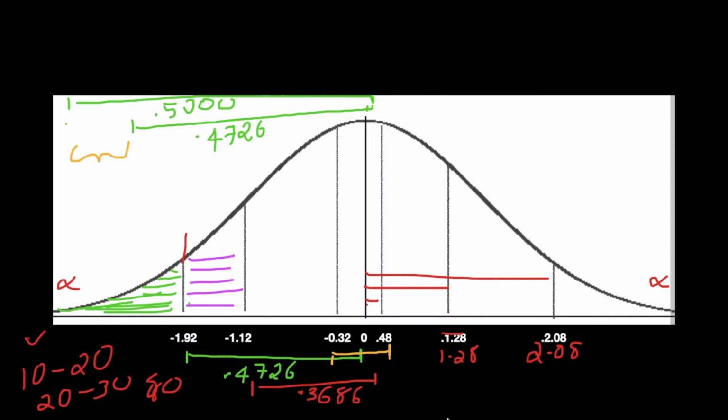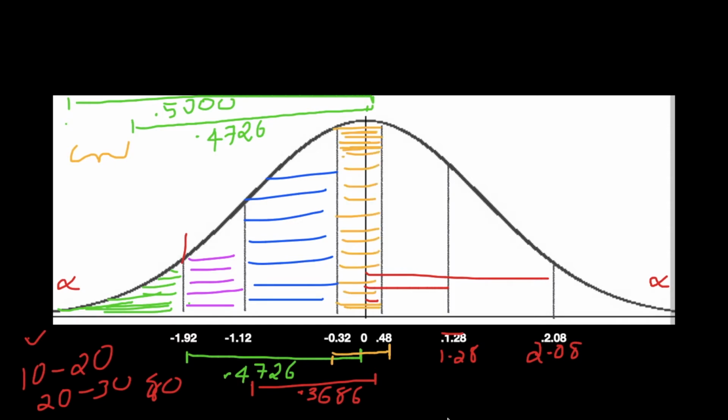Again we have to calculate the area under curve from negative 1.12 to negative 0.32, and again between these two values. Having two different signs, one positive and one negative, only here we have to add the area under curve. In all the other cases we have to deduct the area under curve, right?